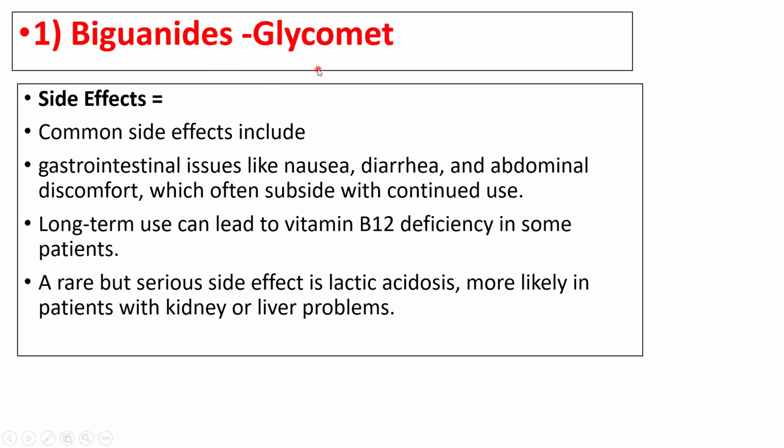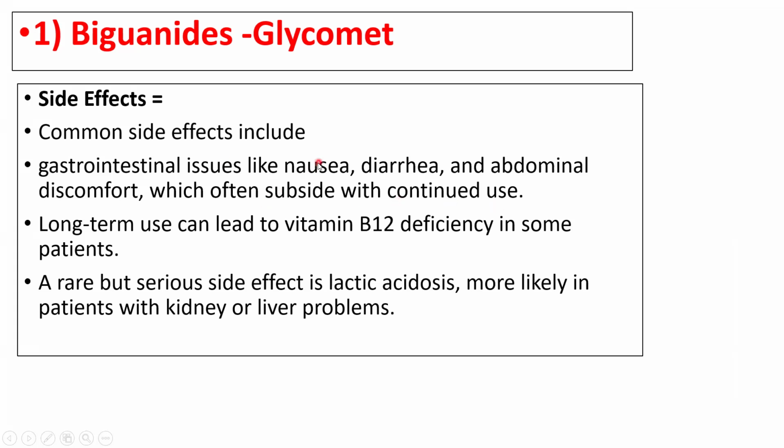Biguanide, again the same medicine, Glycomet. Side effects. Common side effects are, number one, many patients are tolerating these medicines. Some may get nausea, diarrhea, loose motions, and abdominal discomfort, which often subside with continued use.